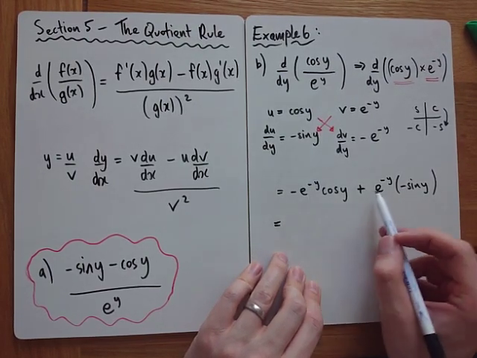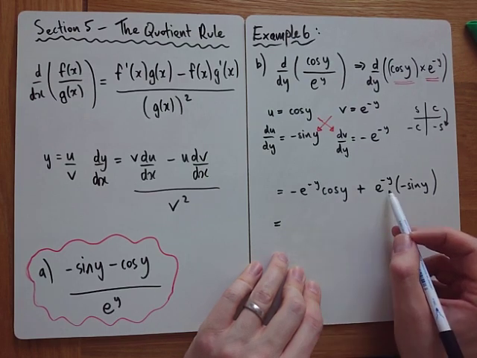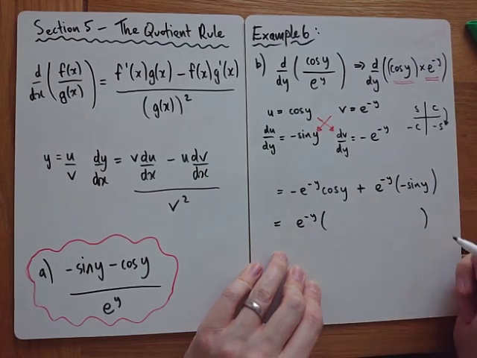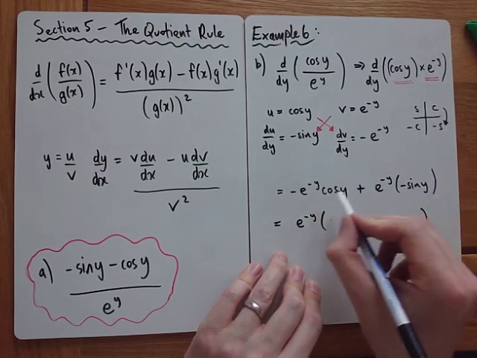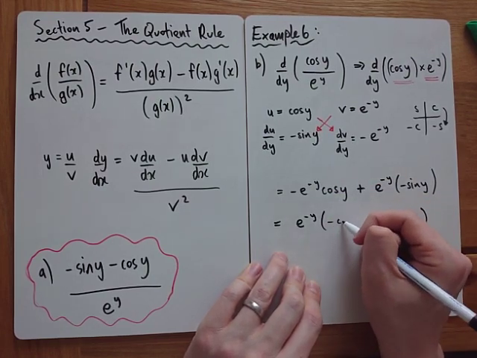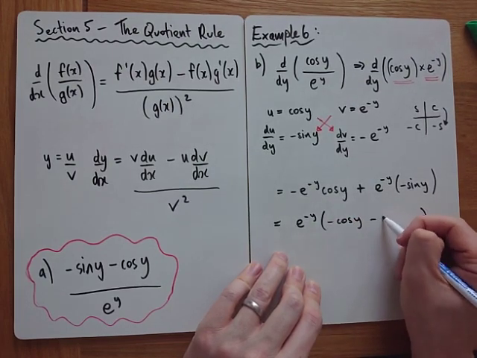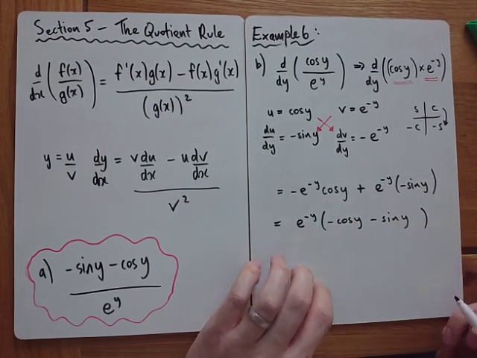So again, we've both got a factor of e to the minus y. You could take a minus 1 out as well if you wanted to, but I'm not going to. You'll see why in a second. So it's minus cos y minus sine y.